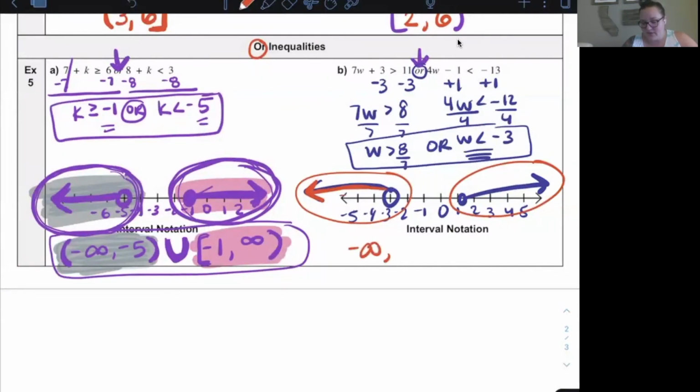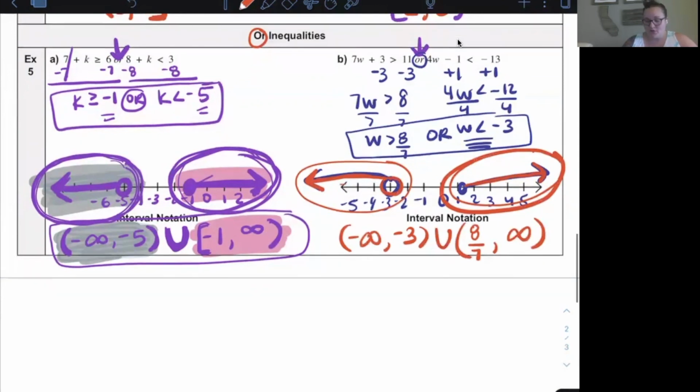And then towards the right, we stop at -3 with parentheses around both. We're going to union that with the description for this guy. And to the left, we stop at 8/7. And to the right, we're headed towards +infinity, the parentheses for both of those.